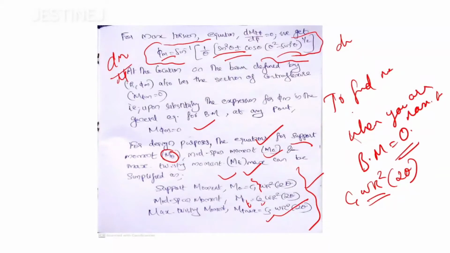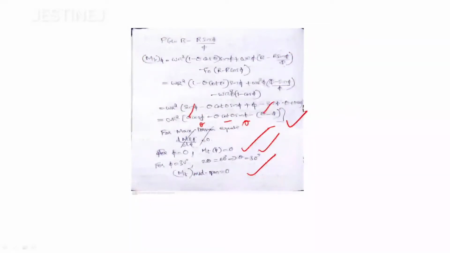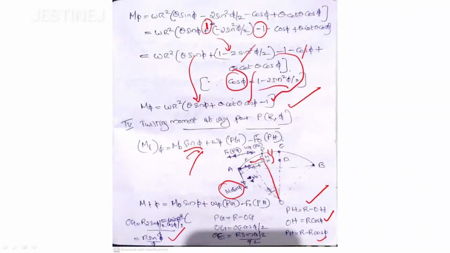For the calculations, this twisting moment MT phi is going to be WR square multiplied by a long equation, and all these terms are comprised into one constant. The bending moment value is also a very big equation.